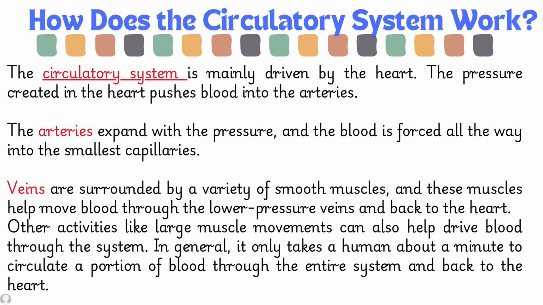Veins are surrounded by a variety of muscles, and these muscles help move blood through the lower pressure veins and back to the heart. Other activities like large muscle movements can also help drive blood through the system. In general, it only takes a human about a minute to circulate a portion of blood through the entire system and back to the heart.